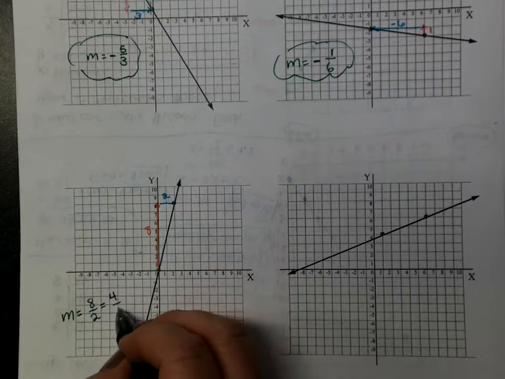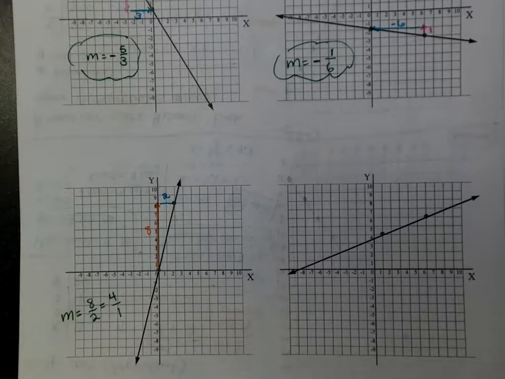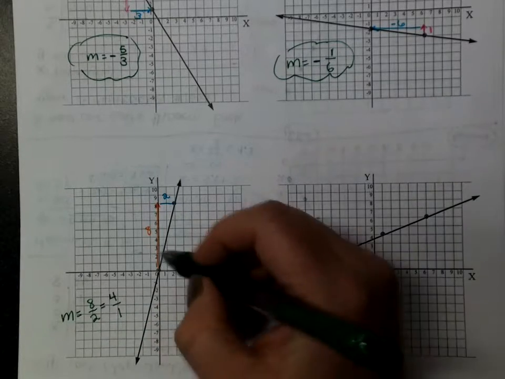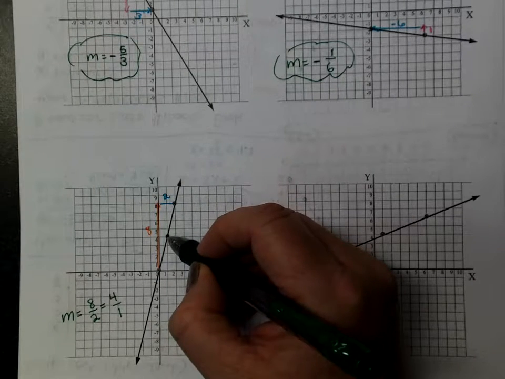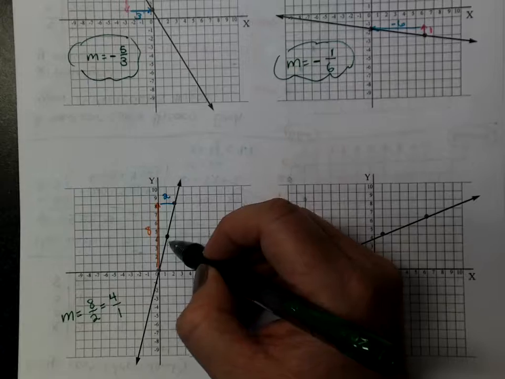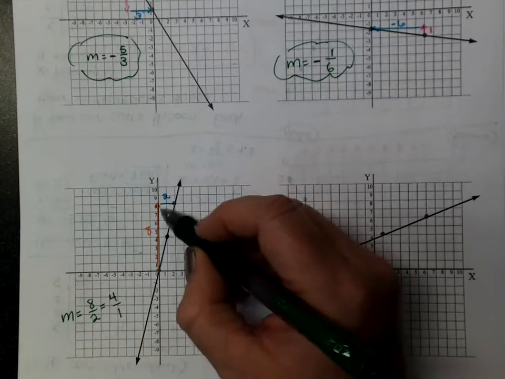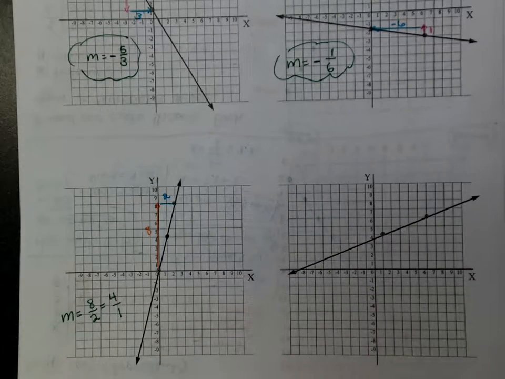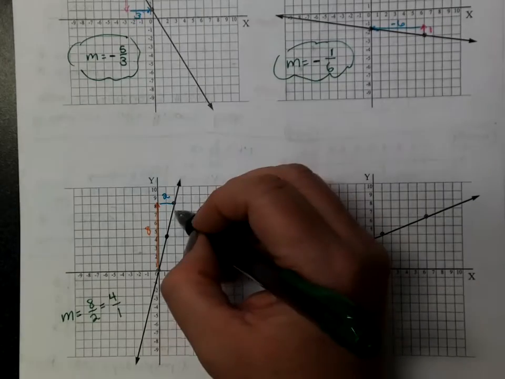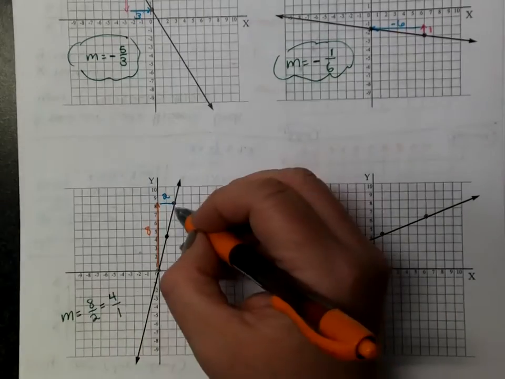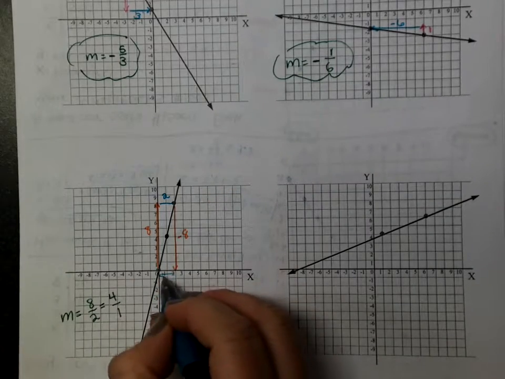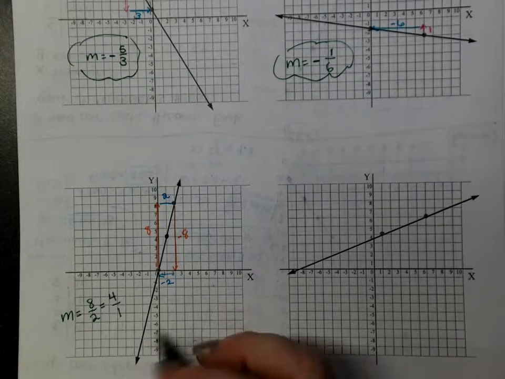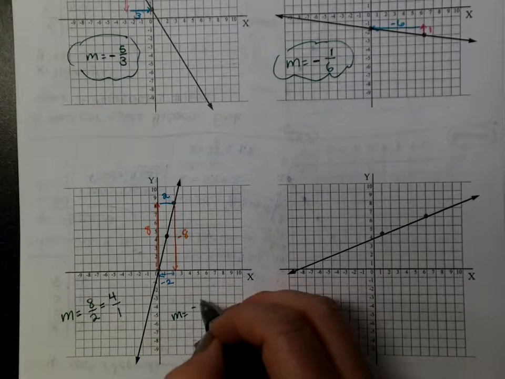Yeah. So for counting purposes, you could leave it as 4 over 1 because you need a ratio. Okay? 4 over 1 would mean I go up 4 over 1. Yeah, that's a point on the line also. Well, because these are the 2 points you were given that ended up 8 over 2, well, that's fine. Just put it in lowest terms. Okay? Now, if you had counted the other way, you could have counted 8 down, negative 8, and then 2 to the left, negative 2, and you would have gotten m equals negative 8 over negative 2.